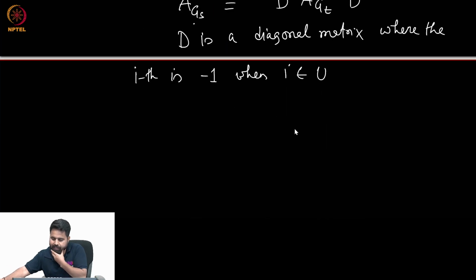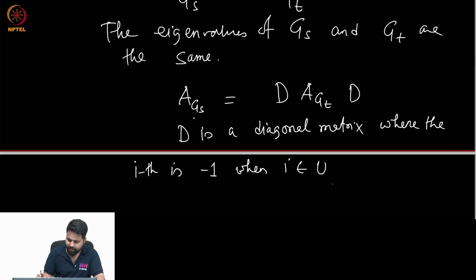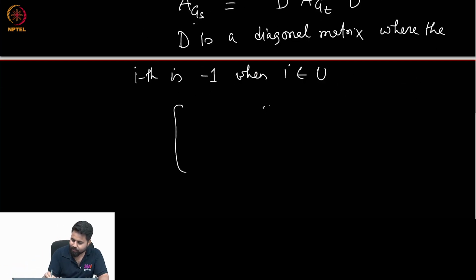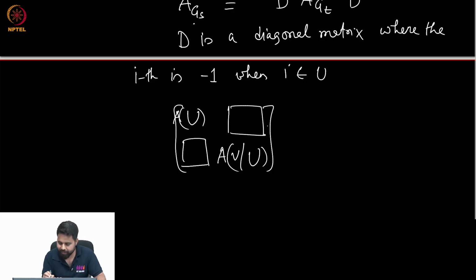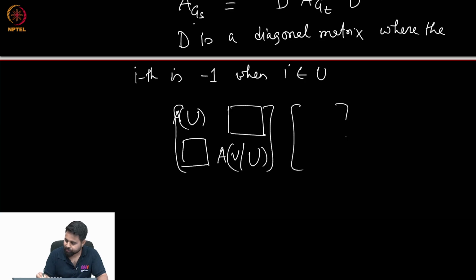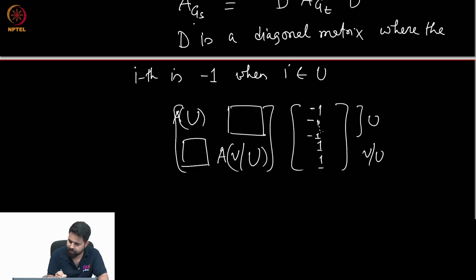In this way, this is very easy to see. When i belongs to U, why is this true? This is a very simple definition. If you see the structure of A_GS, there will be this part, which you can call U, and this is V minus U. Whatever the matrix related to U is, you can call it A, and this is the edges going from U to V minus U. Once you do it with minus, this is plus and this is minus, and similarly you do here.